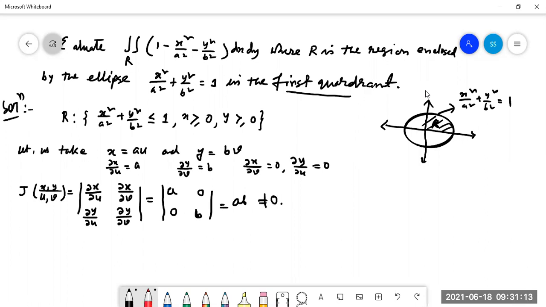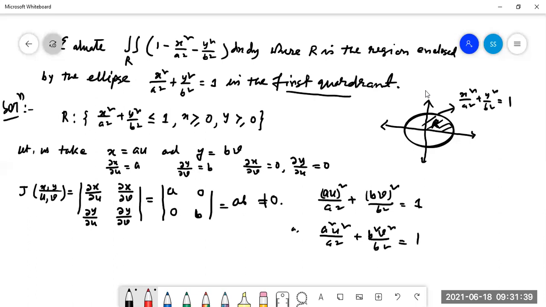Is it clear? Now instead of x, we are putting au whole square by a square plus bv whole square by b square equals 1. That means a square u square by a square plus b square v square by b square equals 1.